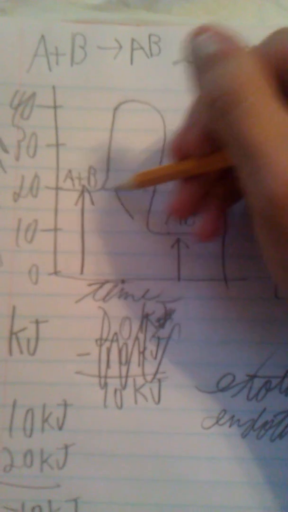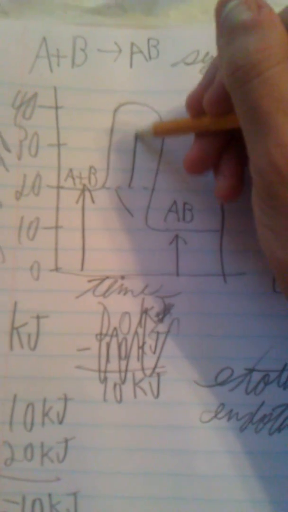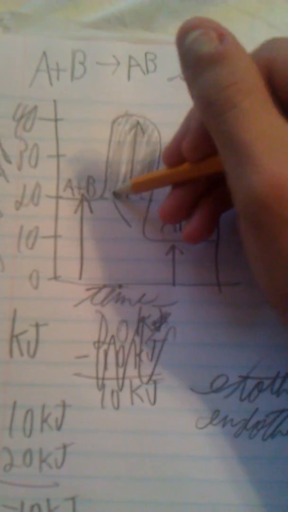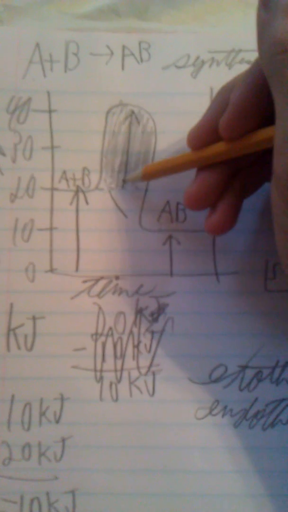So right here, if I start here to this little dotted line, if I make it go up, that's the activation energy. Not the entire shaded area, just from this point to this point is the activation energy, which is the minimum amount of energy required to start the reaction.